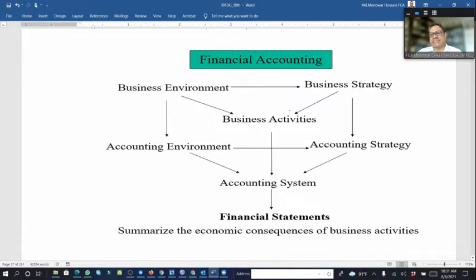Using the business strategy, the business activity, accounting strategy, accounting environment, and using the accounting system, we find the financial statements, and that financial statement has five parts, and summarizes the economic consequence of business activities.